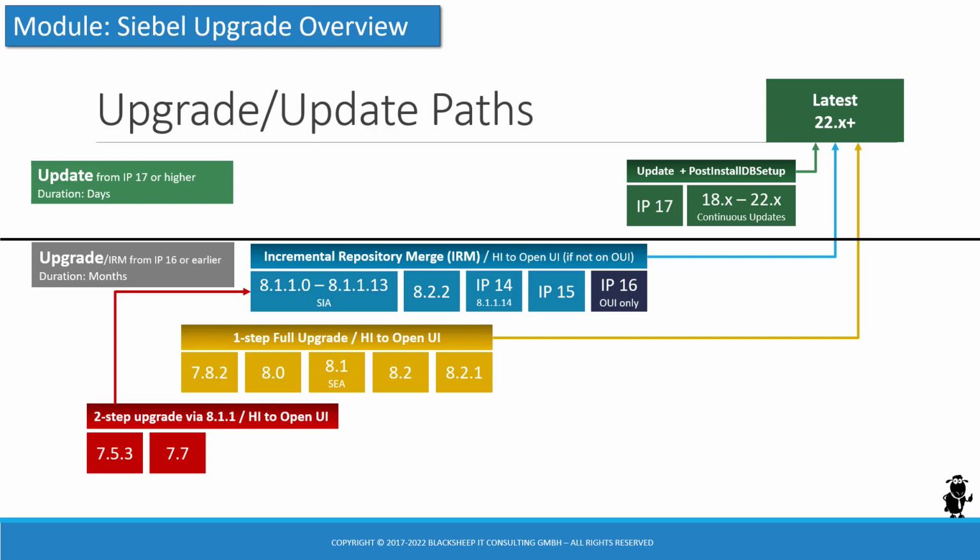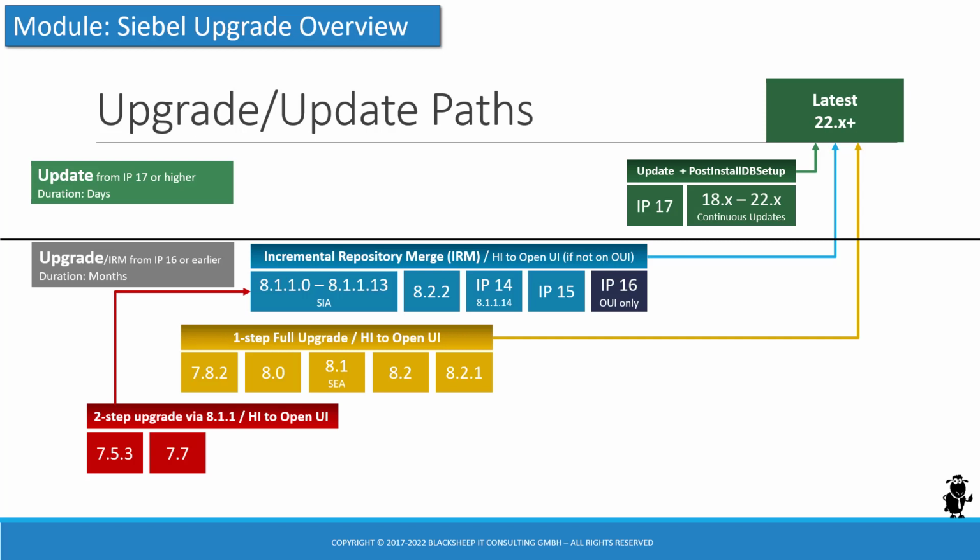So it's important to distinguish the terminology here, as upgrade refers to upgrading a prior to IP17 version, so anything below or equal to IP16, and depending on the age of your Siebel implementation, the amount of customizations that you made, an upgrade is always measured in person months or even person years. So it's a lengthy project, but it brings you always to the latest, in this case 22.x release.